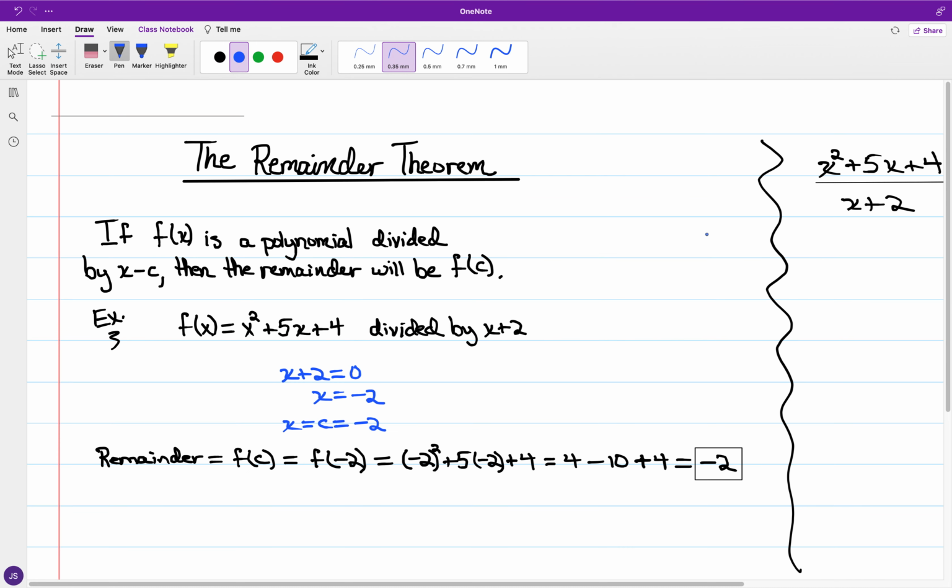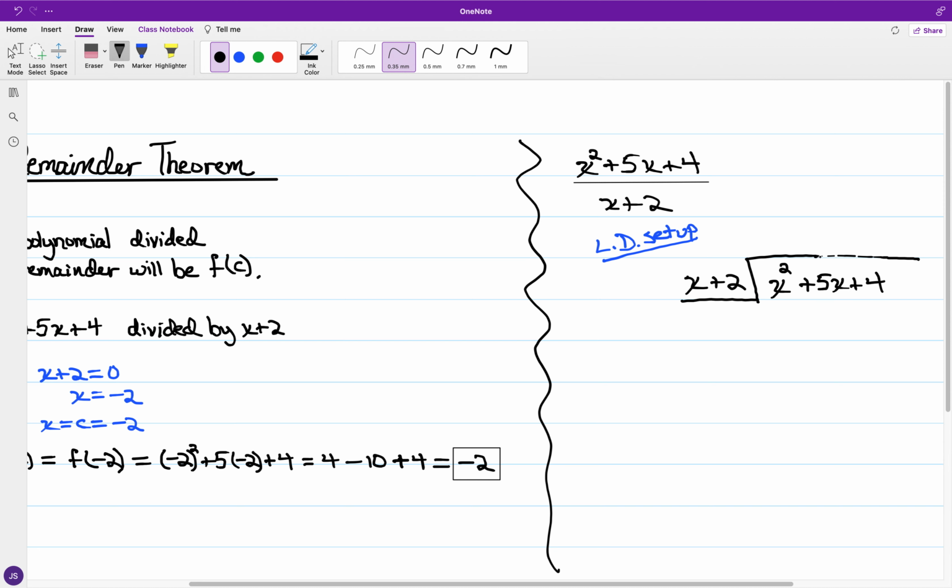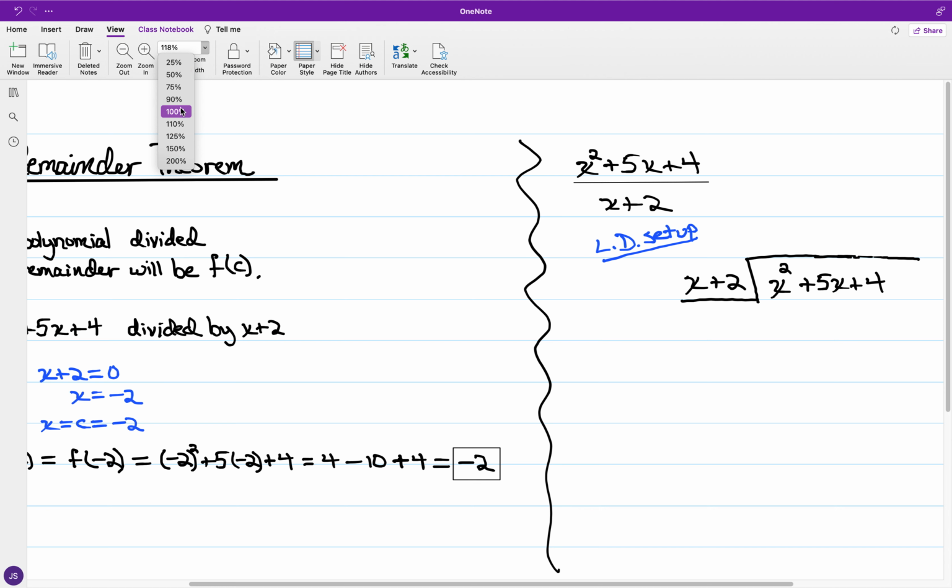Looking at it through the lens of long division in the setup, not following through with long division, but just setting up in terms of long division, you have x plus 2, the divisor, and the polynomial dividend, x squared plus 5x plus 4.